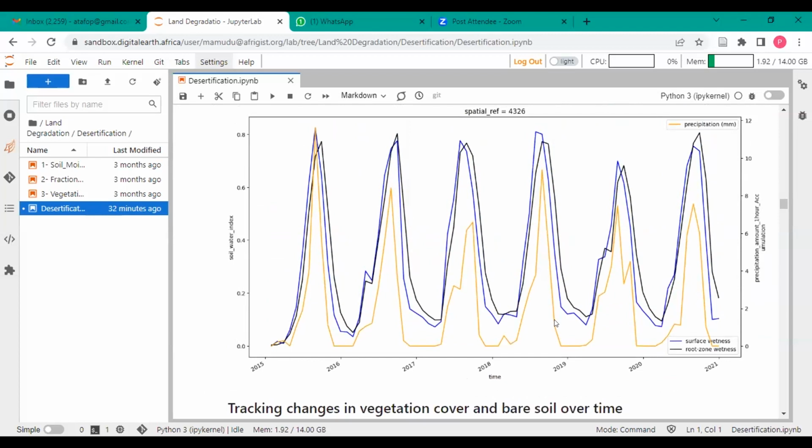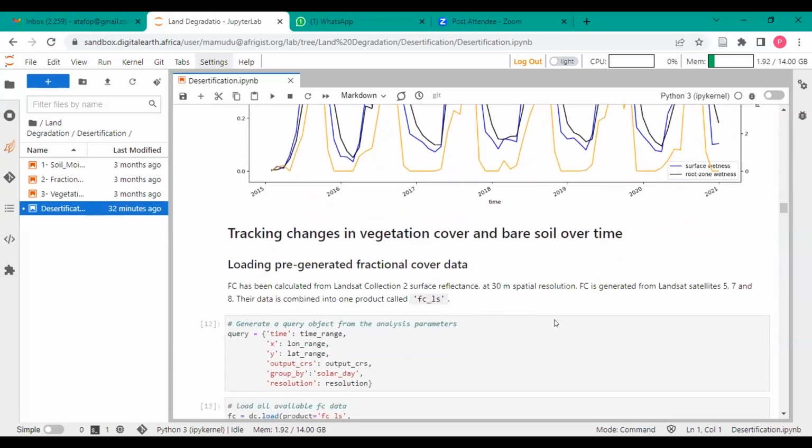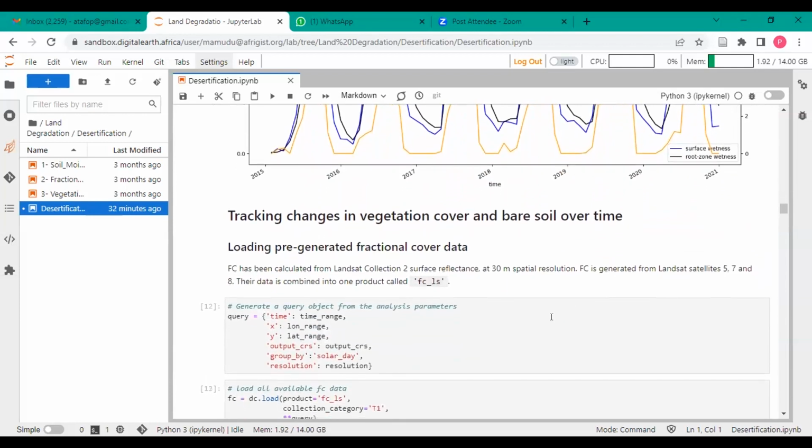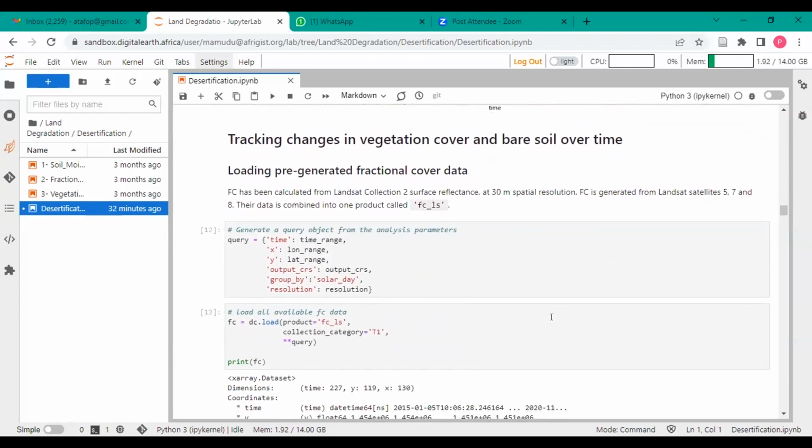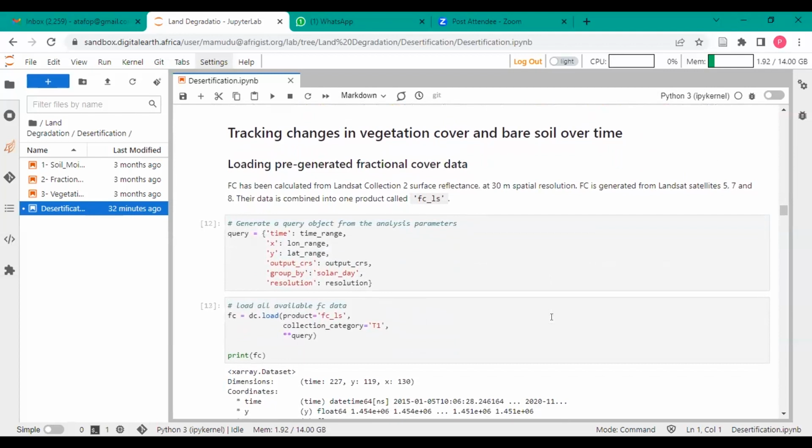So that's the soil moisture data set. Next, we try to analyze vegetation cover in the study area over time. And we are doing that based on the fractional cover. Like I mentioned earlier, fractional cover looks at the proportion of green vegetation, non-green vegetation, and bare soil in the study area.